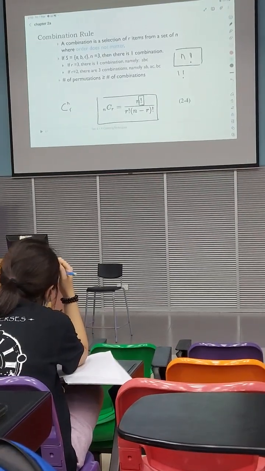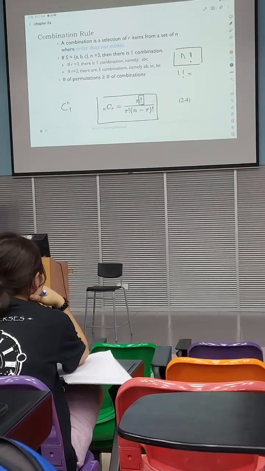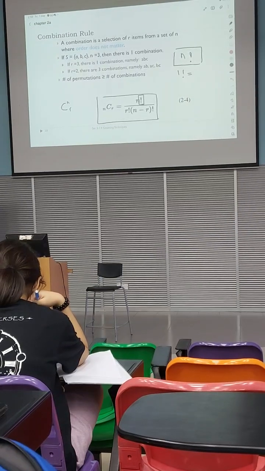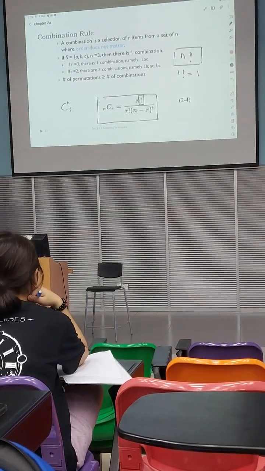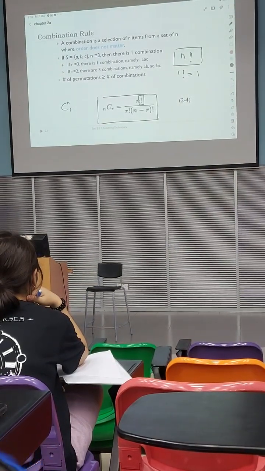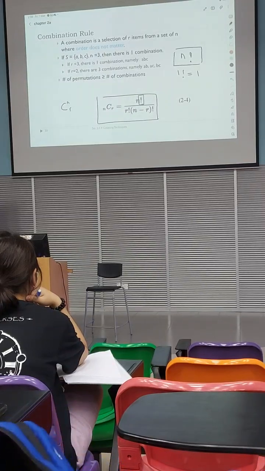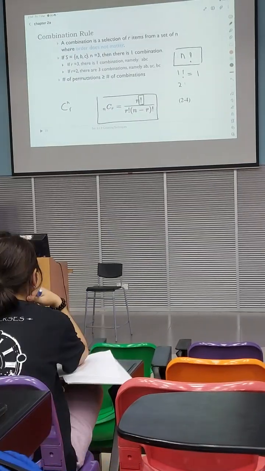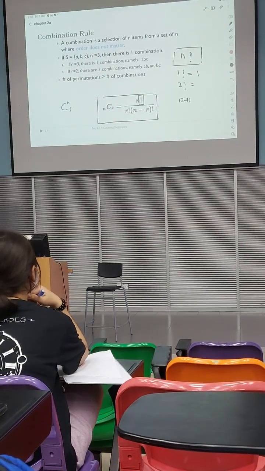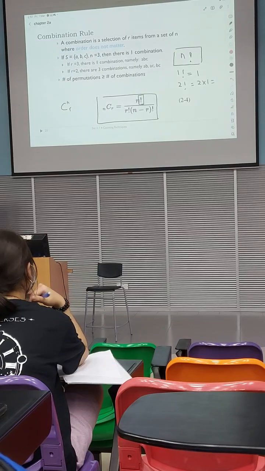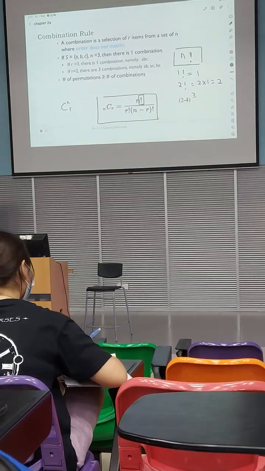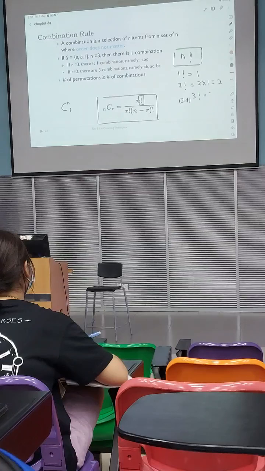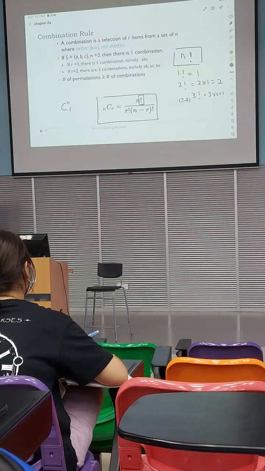What is 1 factorial? 1. Are you able to find the factorial using a calculator? Yes, okay. How about 2 factorial? 2 factorial is equal to 2 times 1, which equals 2. 3 factorial is equal to 3 times 2 times 1, which is 6.